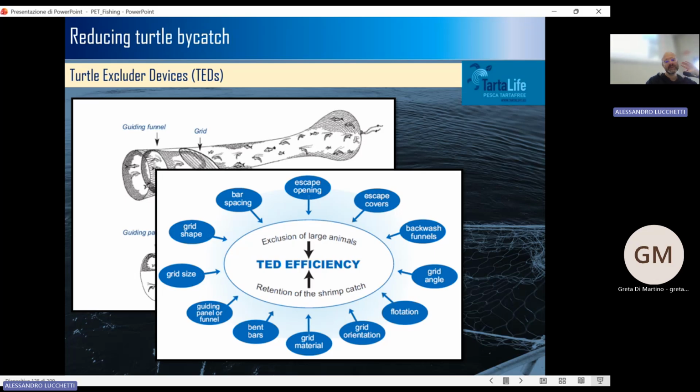Obviously, it is not an easy task. I remember a few years ago there was a project that asked us for some tips on how to use this type of grid.